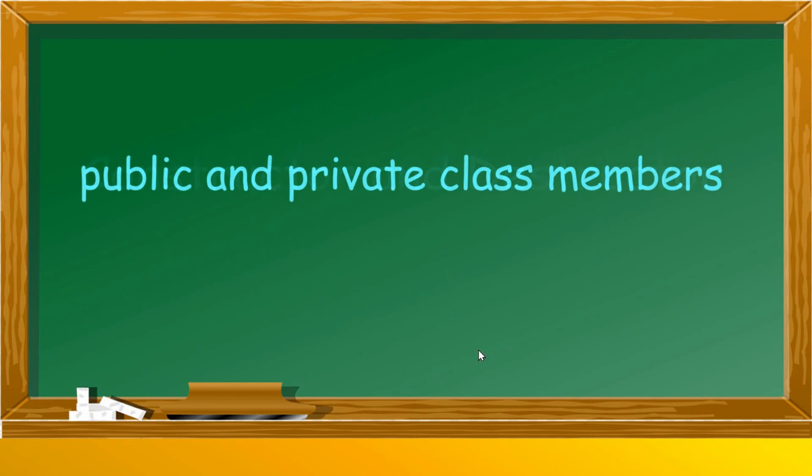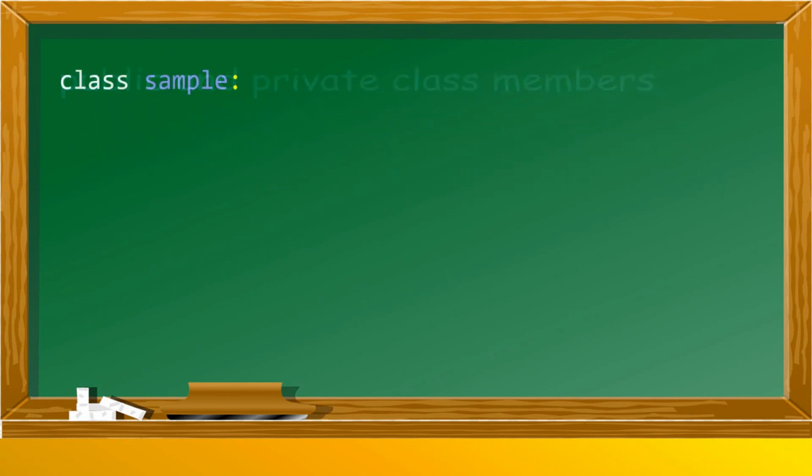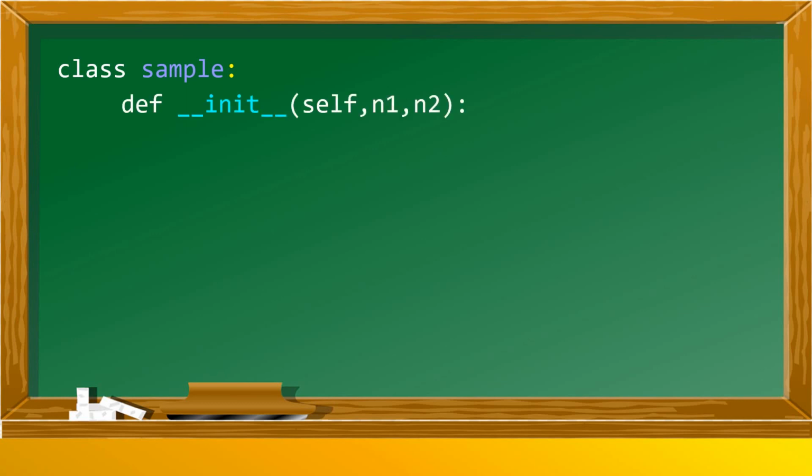Next, I will teach you about public and private class members. Here I have a class sample, and within the body of this class, I will write a constructor, and inside this constructor, I will take two instance variables, n1 and n2. n1 does not have any prefix.